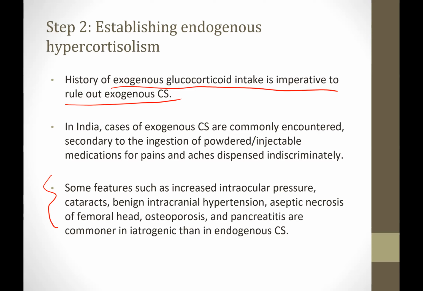When I went into the history, she said she was taking Betnesol tablets, that is betamethasone, for over 15 years for her bronchial asthma, and her weight was around 85 kilograms. Immediately we tapered the steroid, switched to other modes of control of her asthma, and now she is 55 kilos. All that hump is lost. She looks so beautiful and young, and her husband complimented, "You made my wife 15 years younger." See, that is all because of exogenous glucocorticoid intake.